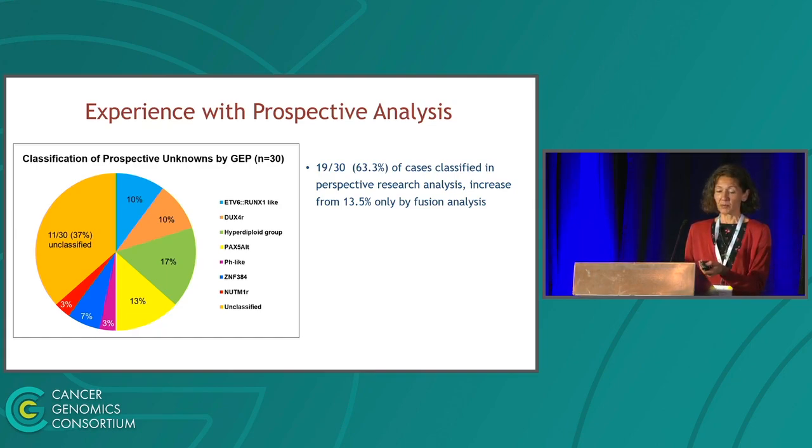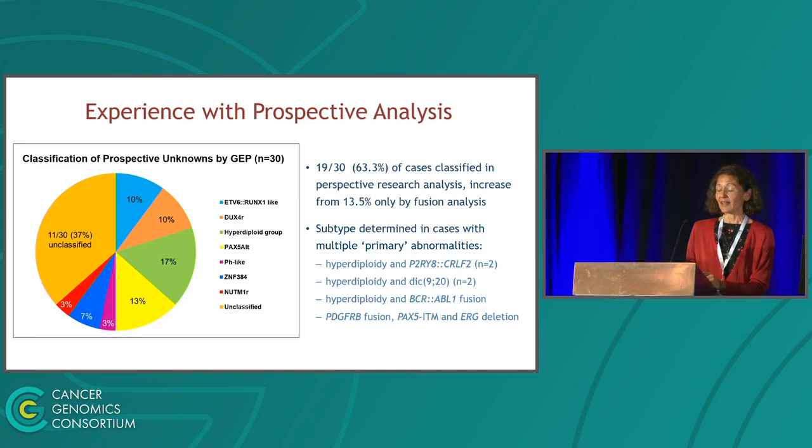So we think that this will increase our diagnostic yield and will be useful, particularly for the subtypes that need expression-based classification, like ETV6 RUNX1-like, and some others that you see on the slide. And then an unexpected utility of this approach were cases that have more than one driver that is considered primary.